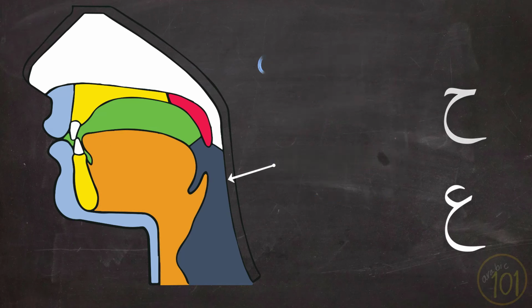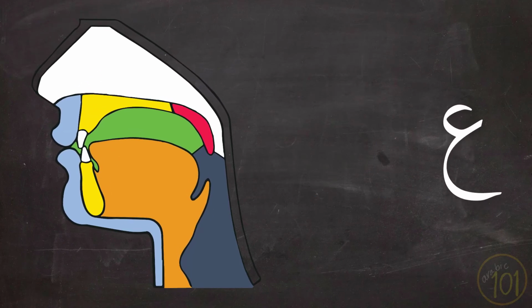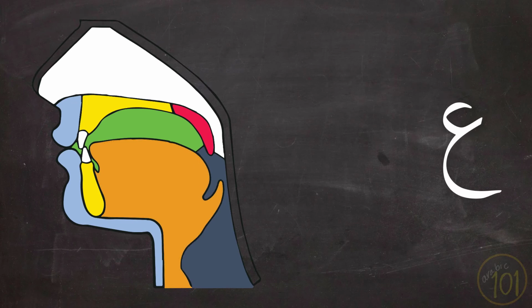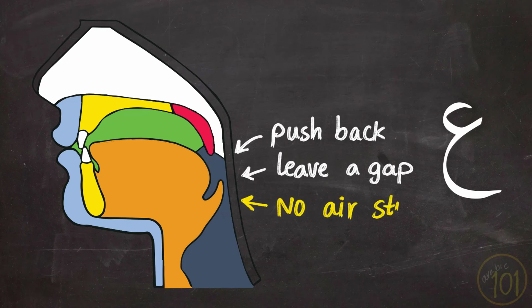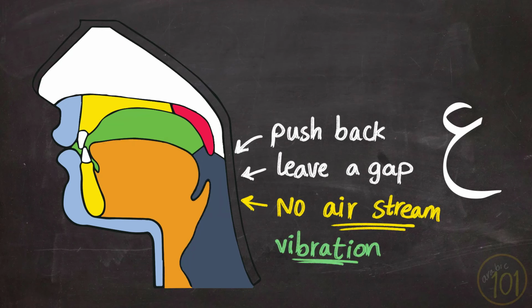We'll start with the sound of ayn. Ayn is produced when the epiglottis is pushed all the way back to the wall of the throat while leaving a small opening at which the sound is generated. Pay attention, the sound is not generated by pushing air out, but by vibrating your vocal cords.